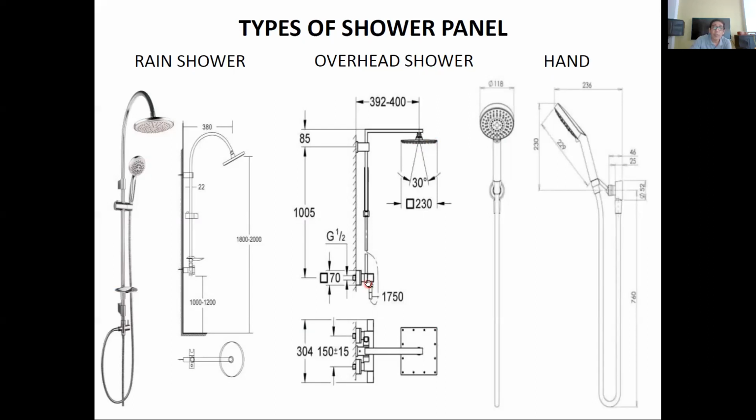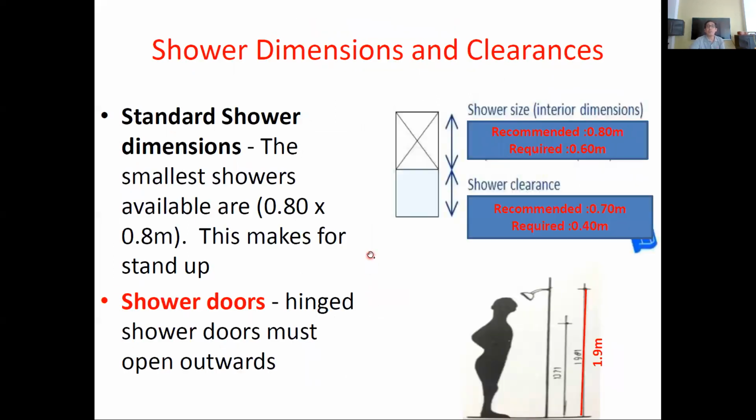Okay. So the shower dimension, no, the smallest shower cubicle is about 0.8 by 0.8. This makes it possible to stand up, no. So it's 0.8 by 0.8, but there's a recommended clearance, no. In front of the shower should have a clearance of 0.4 or 0.7. So the shower door is hinged, or sometimes it's sliding.